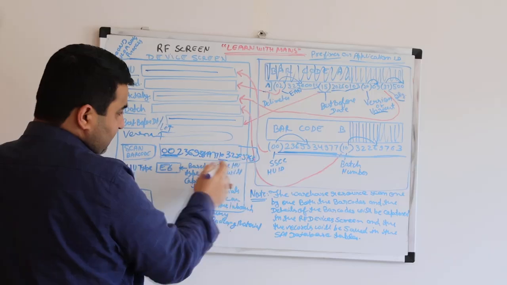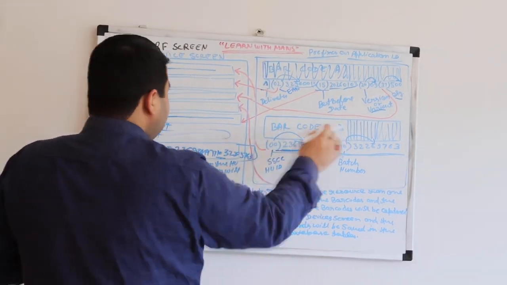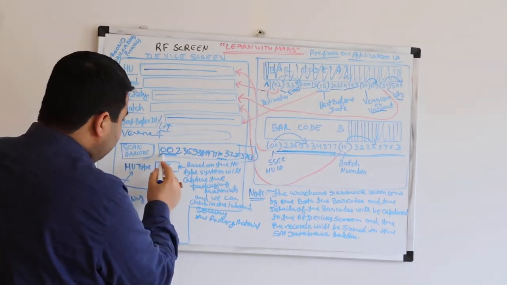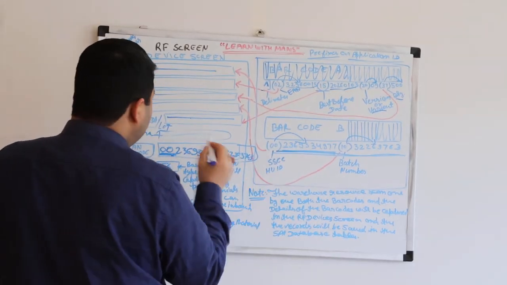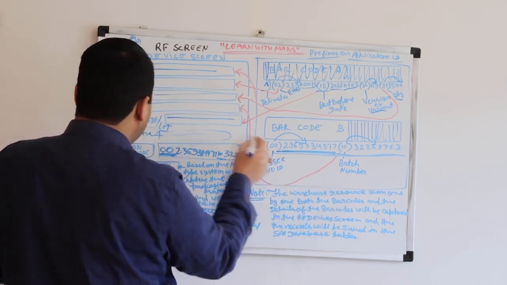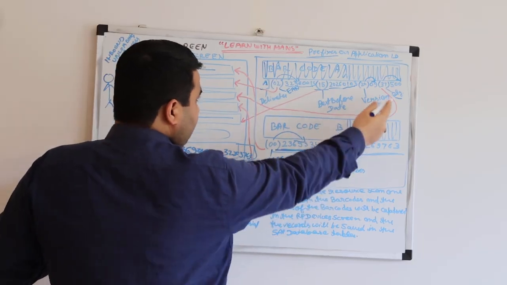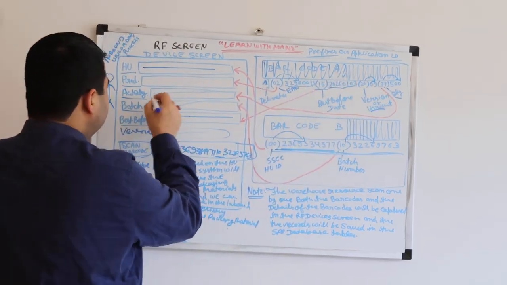So when we put this number, or the resources scan those barcodes, this number will be filled in here automatically. 00 means the SSC ID here. The SSC ID will be captured, the batch number will be captured here, and the product, and the product quantity 37, the actual quantity.